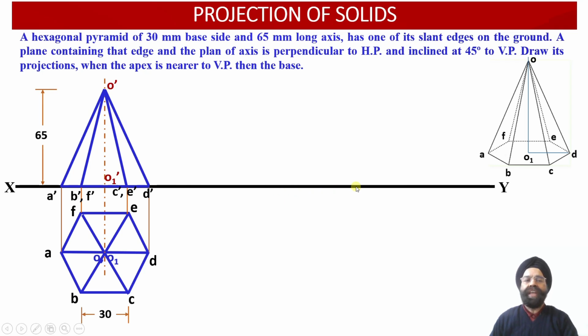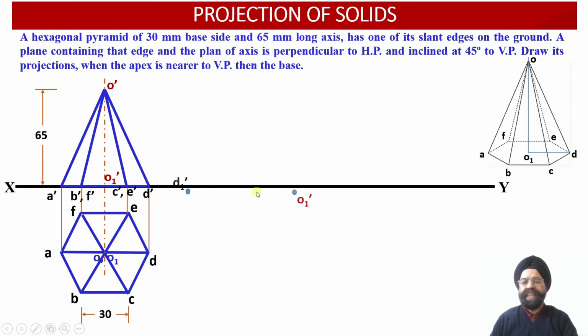Now we are not given that the axis of the hexagonal pyramid is inclined at a certain angle, or that the base of the hexagonal pyramid is inclined at a certain angle. So the slant edge has to be rotated in such a way that it is contained by the horizontal plane.